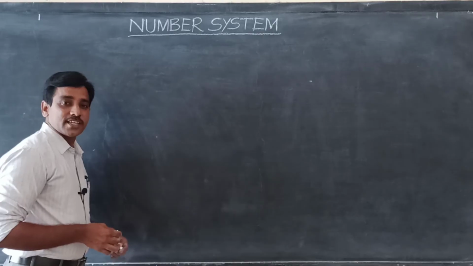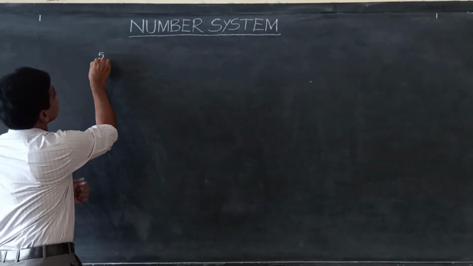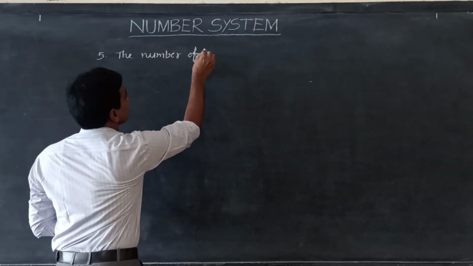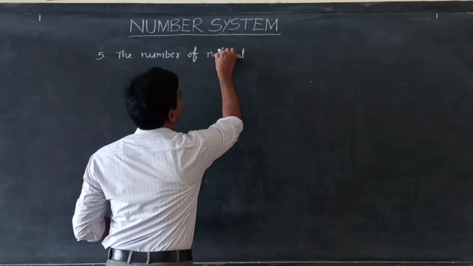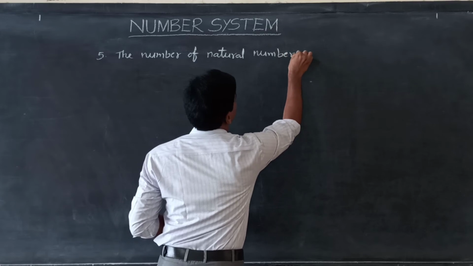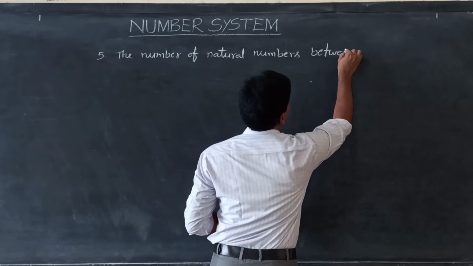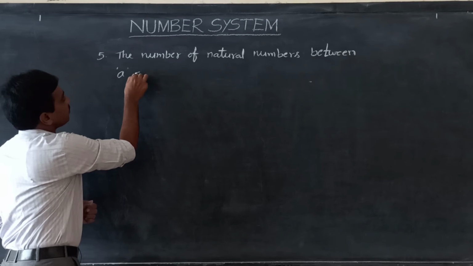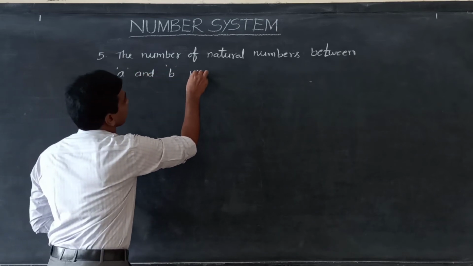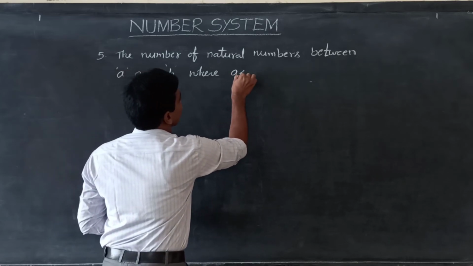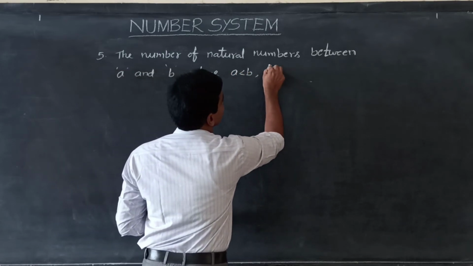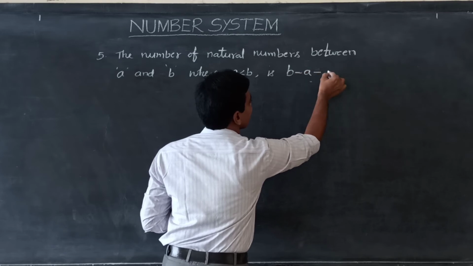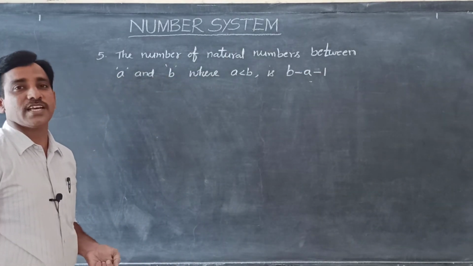Next point. See the fifth point. The number of natural numbers between A and B, where A is less than B, is B minus A minus 1.